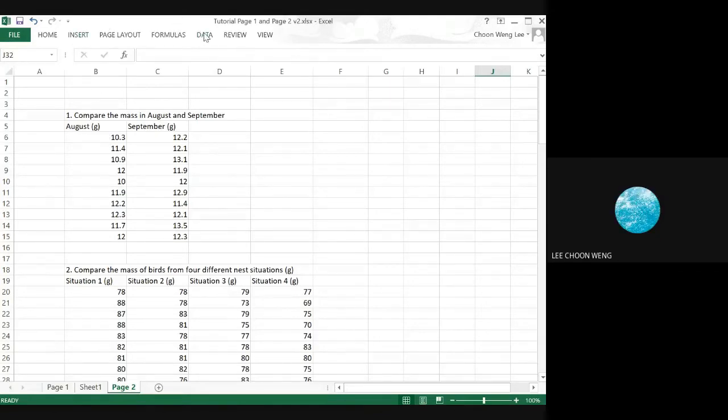So let's do a t-test. Can you assume equal variances? Variable 1, variable 2. The hypothesized mean difference is 0, which means we are hypothesizing that there's no difference between them. We include the labels in the first row, then we output the range here.